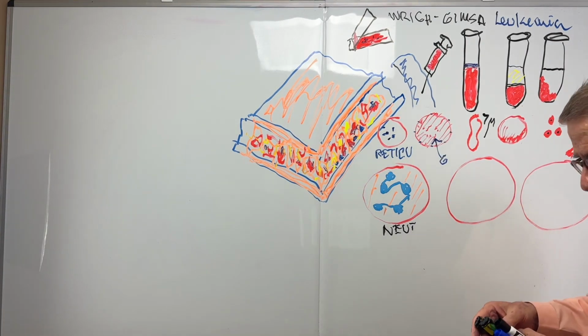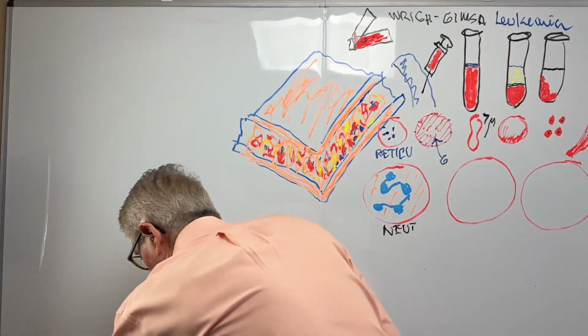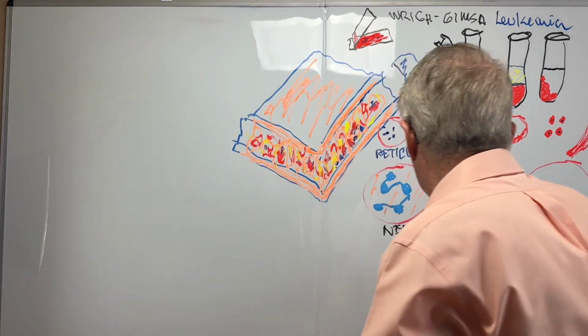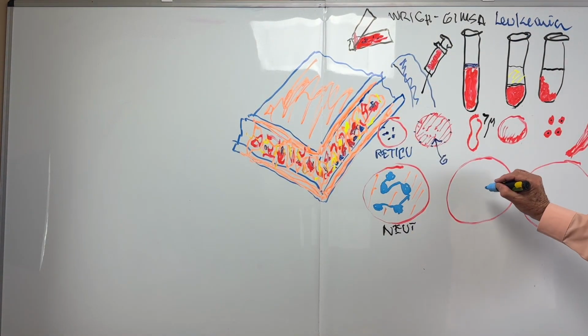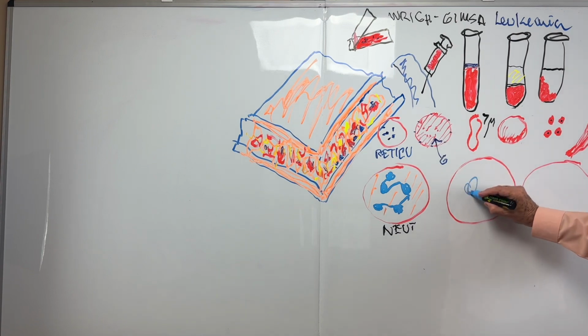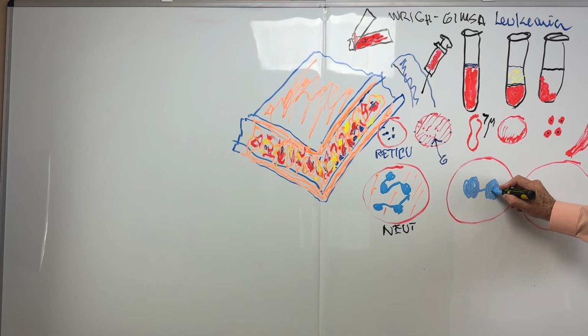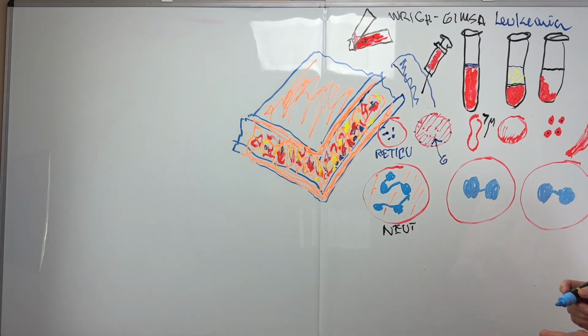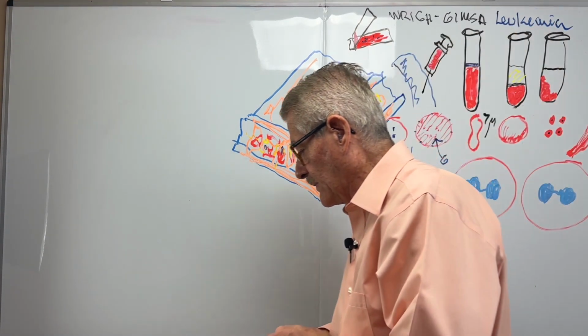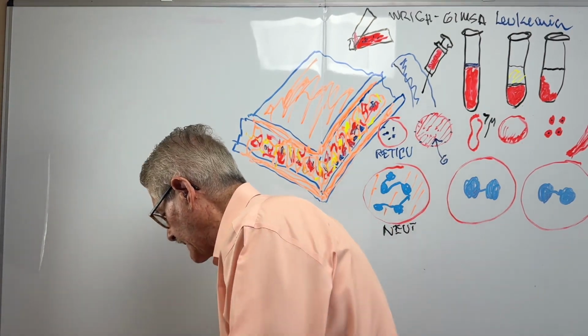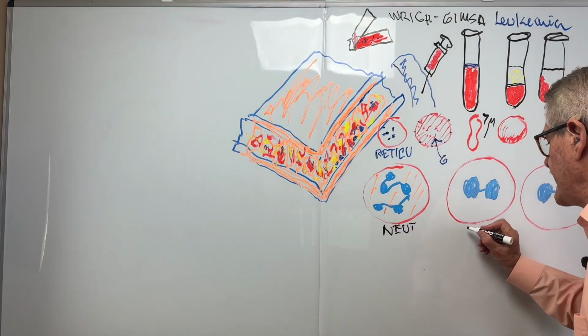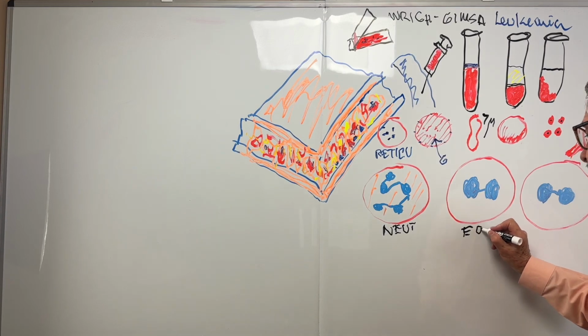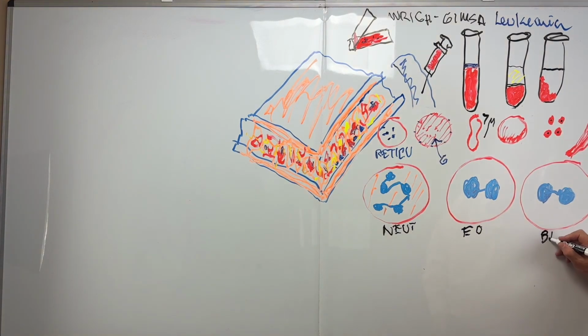And let's go for the other ones, which are both the eosinophil and the basophil. Both have almost sunglasses-type nuclei; in other words, bilobed nuclei. And when it comes to their granules, I'll put here just to remind you, this would be the eosinophil, and this will be the basophil.